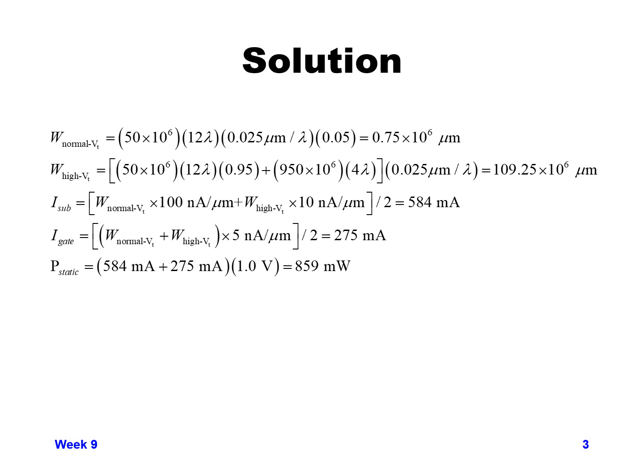For our gate leakage, we just take the total W for nominal and the total W for high VT, add them together, multiply by 5 nanoamps per micron, and similarly, same argument that we just went through for the subthreshold leakage, we divide by 2 because only half of the gates are leaking, depending on if the input to an inverter is high.